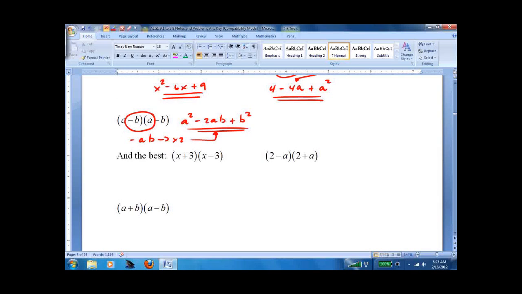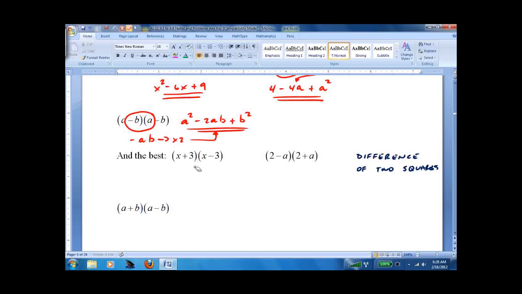Now, these are the best. These are not perfect squares. These are what we call the difference of two squares. That means one's a plus, one's a minus, but otherwise they look exactly the same.